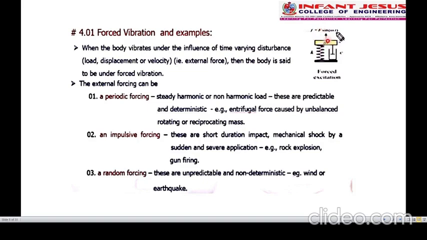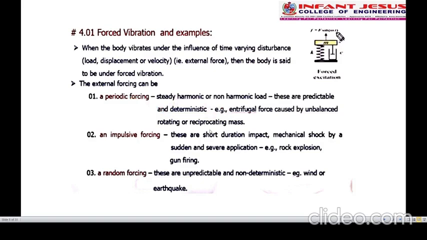The external forcing given can be of three types: periodic forcing, impulsive forcing, and random forcing. Periodic forcing means the vibration caused may be in the form of a steady harmonic or non-harmonic load.